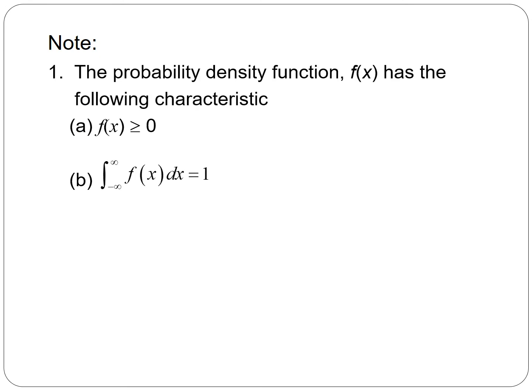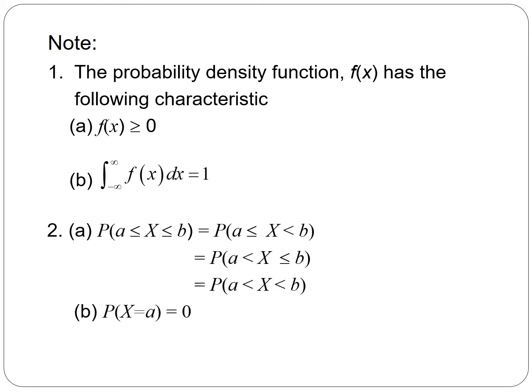Please take note. The probability density function f of x has the following characteristics. A, all probabilities are non-negative. B, the total area is 1, or the area under the curve is 1, or the sum of the integral is 1. Take note that it doesn't matter how you write the inequality sign.